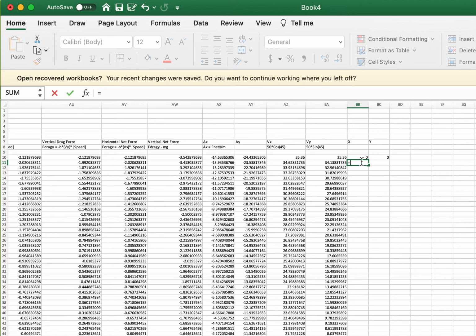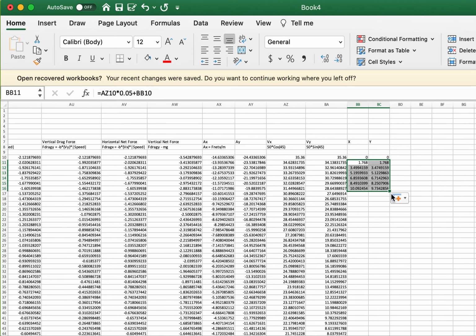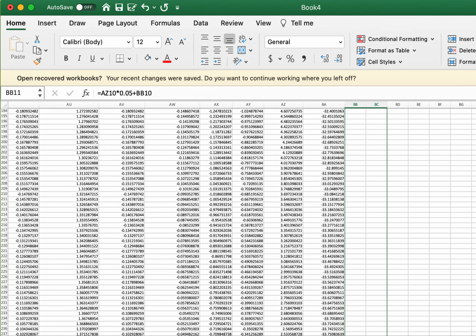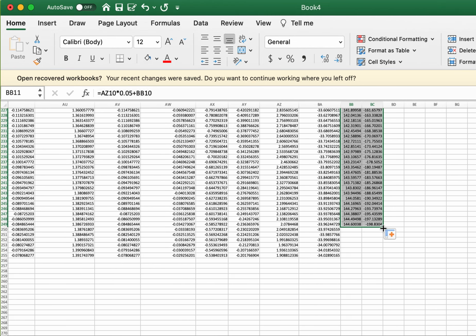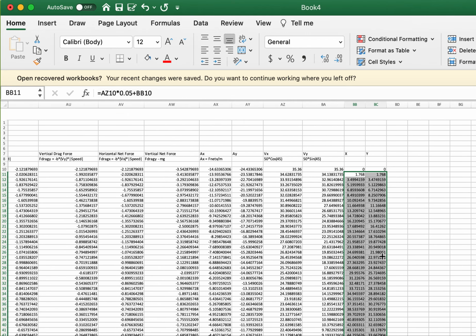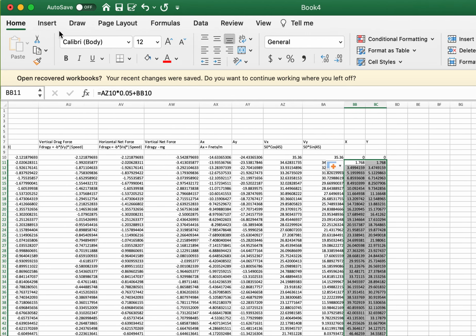We want to do velocity AZ10 times 0.05 plus BB10, which gives me my new X position. Here we'll do BA10 times 0.05 plus BC10. Alright, so we're going upward. And I'll just make a graph of Y versus X, vertical position versus horizontal position.